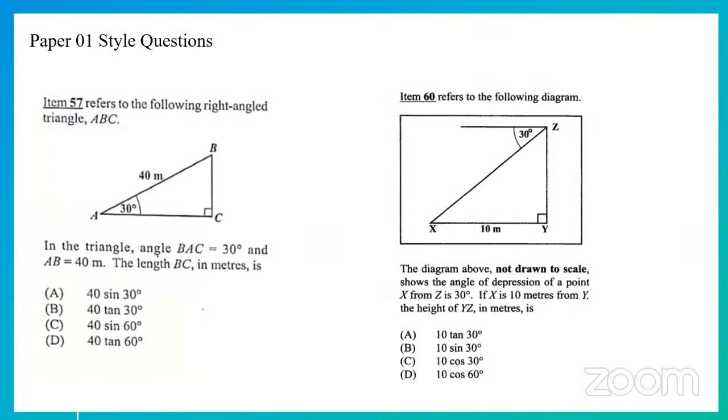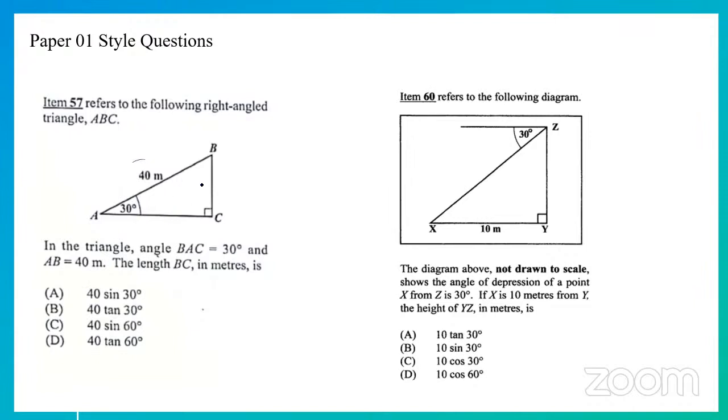All right. So before I get into the next topic, let's look at some paper 1 style questions under geometry and trigonometry. Okay, so in a triangle, angle BAC is equal to 30 degrees and AB is equal to 40 meters. The length of BC in meters is, and we have these down here.